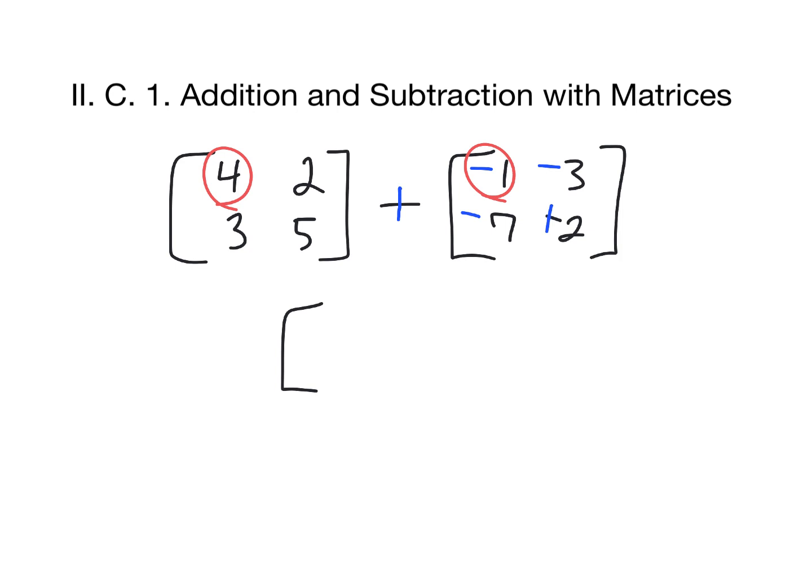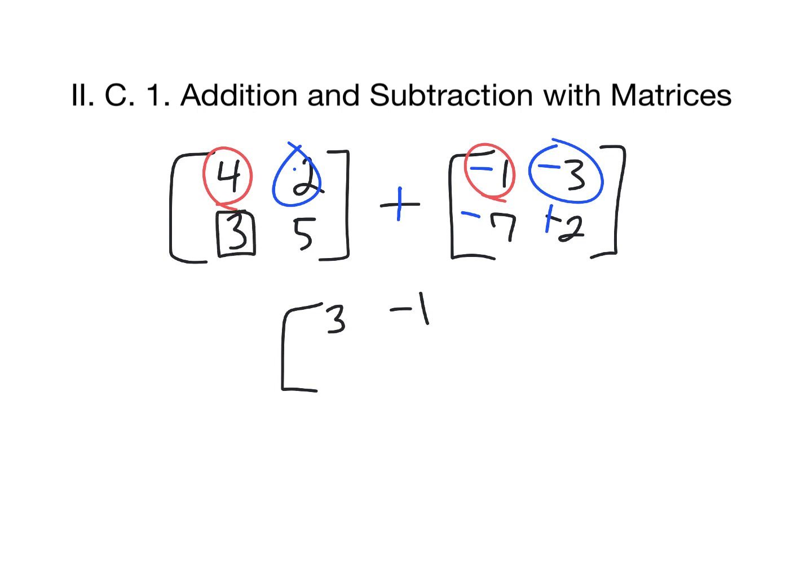So 4 plus -1 then would be 3. You could have just looked at it as 4 minus 1. And then the next thing in the top right corner, we've got 2 plus -3, or you could have just looked at it as 2 minus 3 if you didn't change the signs. That would be -1.